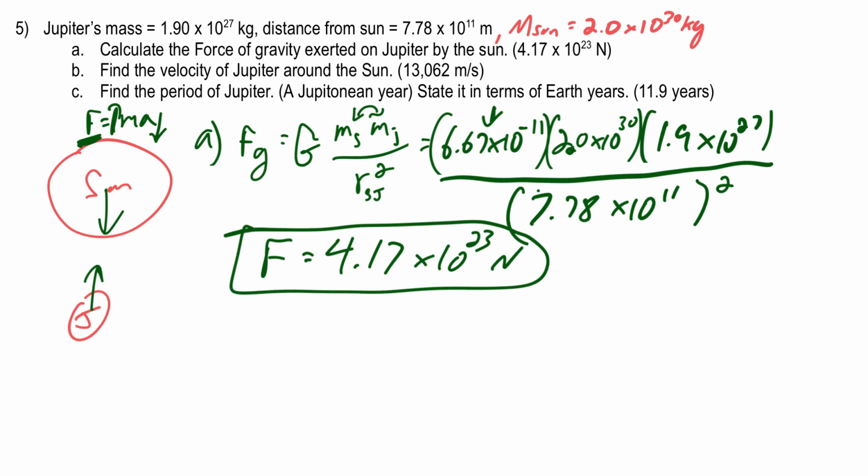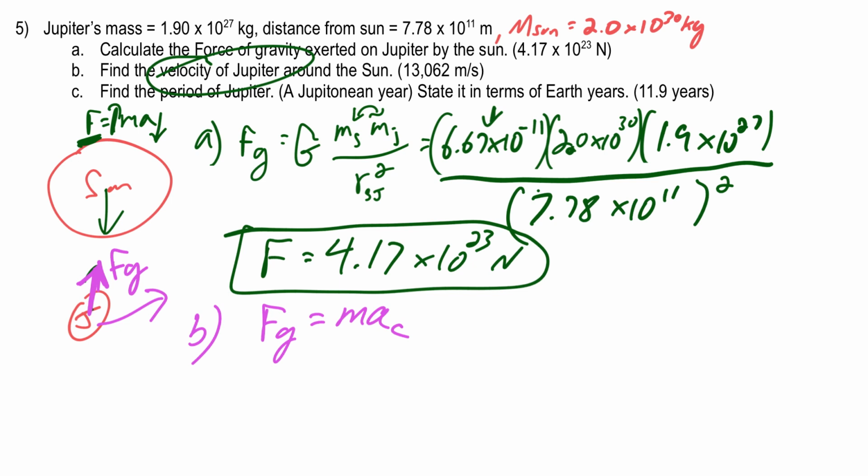All right, let's find the velocity of Jupiter around the sun. So Jupiter's cruising around the sun, right? We want to find out how fast it's going. Okay, well, the centripetal force, again, we're doing our free body, the centripetal force is coming from this force of gravity. So Fg is the centripetal force.